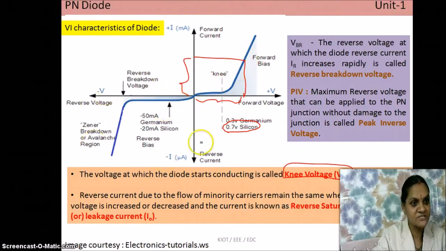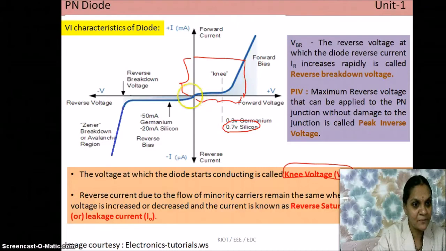Coming on to the reverse characteristics. In the reverse characteristic, as I already said, under reverse bias, it acts as an open switch. It will not allow the current to flow through it. Current flowing through the diode under reverse bias is only due to minority charge carriers. That current is called reverse saturation current or reverse leakage current. That current is very, very small.